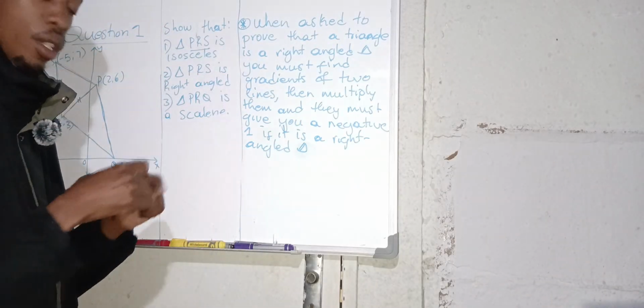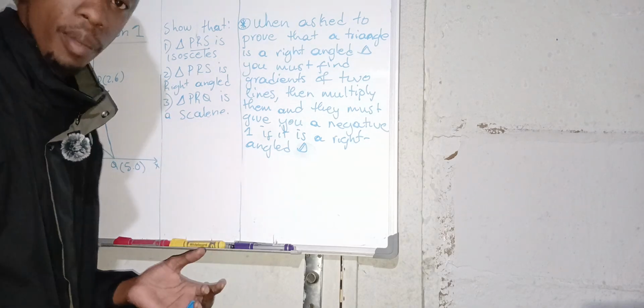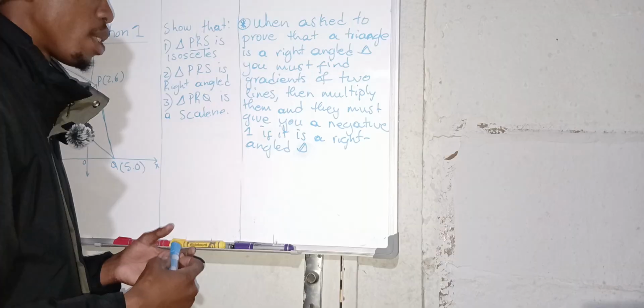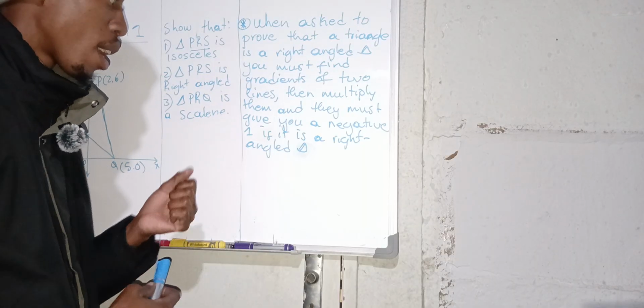This is the first method. You can just find gradients of two lines, multiply them, and they must give you a negative 1 if it is a right angle triangle. That is the first method.